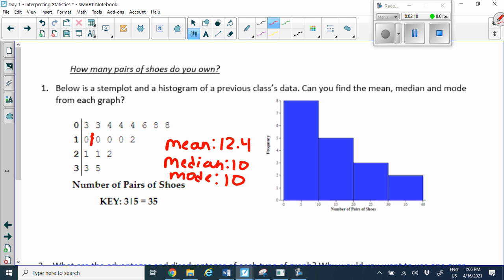But if we look at our histogram, that's hard to figure out the mean, the median, the mode, because we have intervals here, right? So we can estimate, but with our histogram, we lose those individual data points. And so that means we can't really figure out specifically.